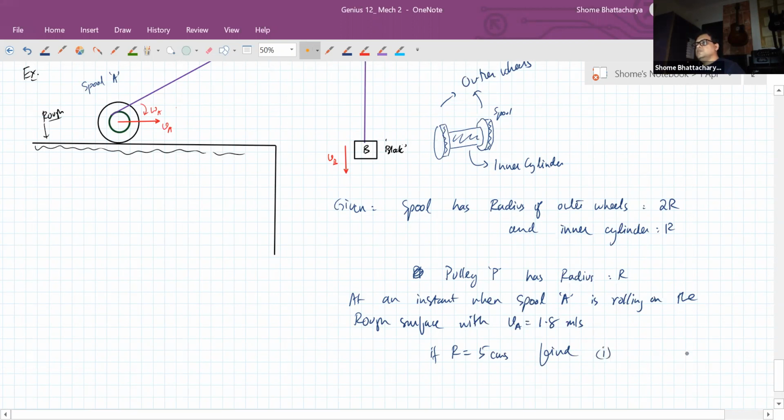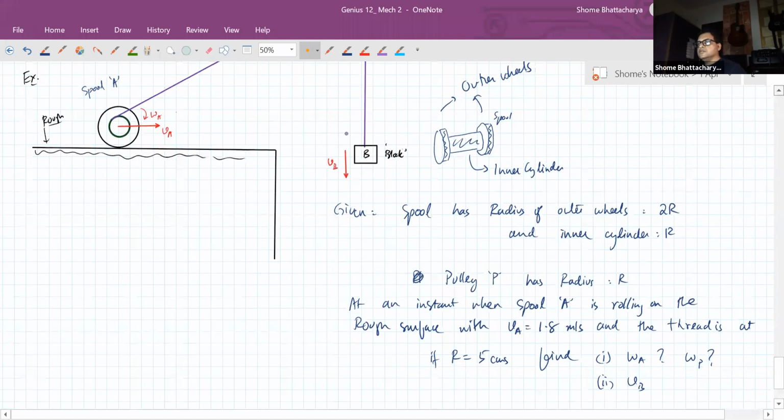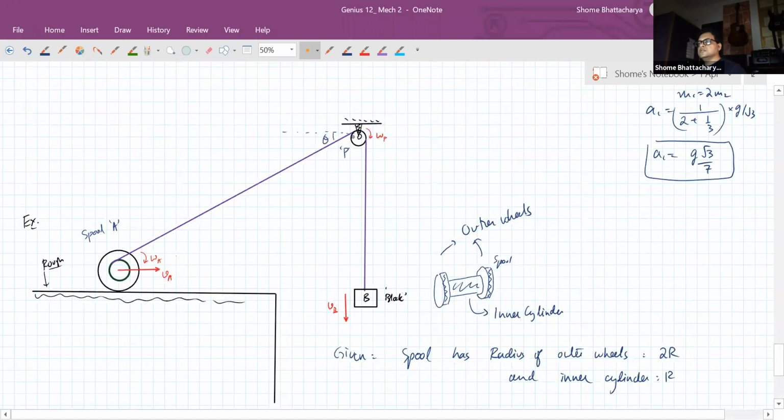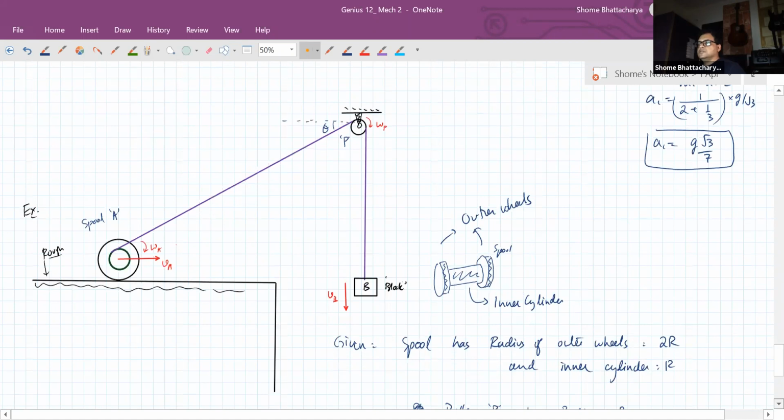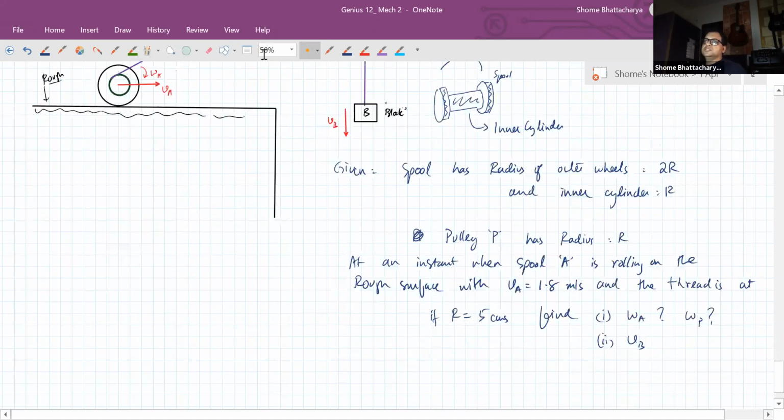omega A, omega of the pulley, and VB, and the thread is at, so this angle at which the thread is there with respect to the horizontal, this angle theta is 37 degrees.